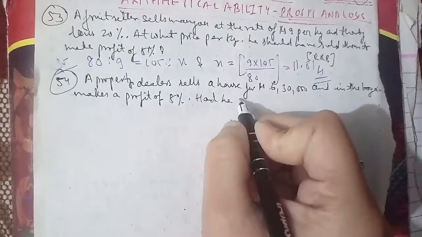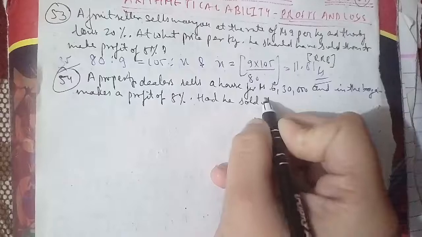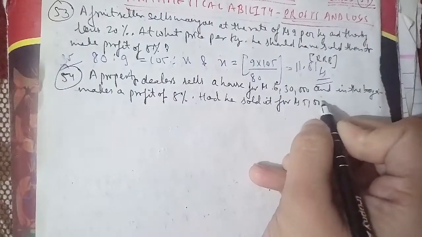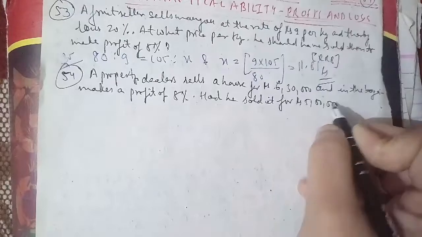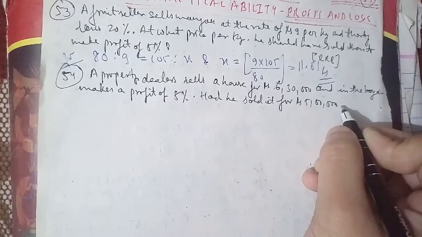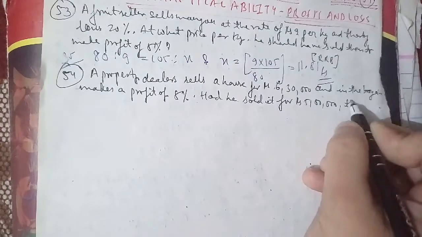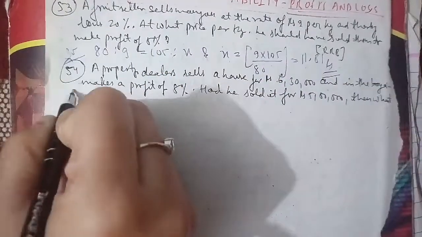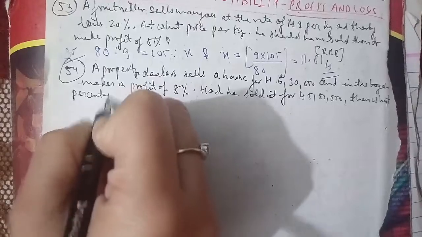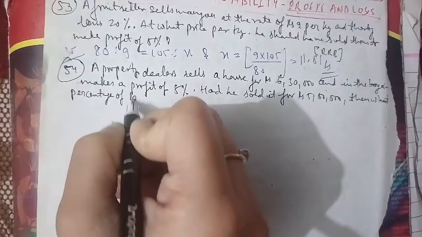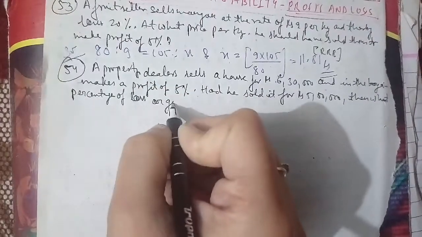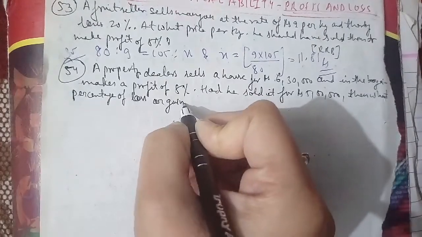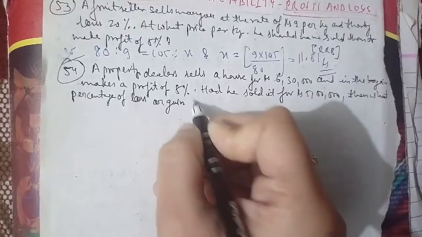Had he sold it for ₹5 lakh, then what percentage of loss or gain would he have made?